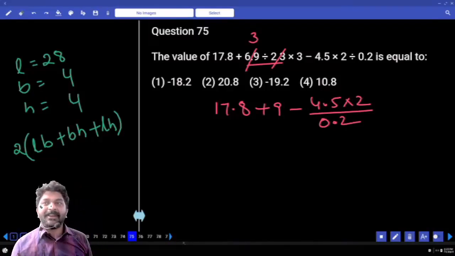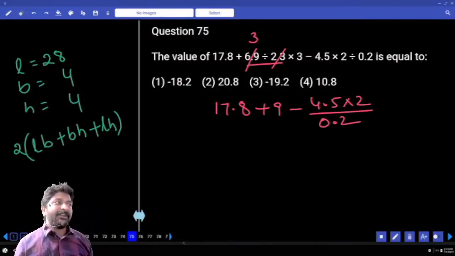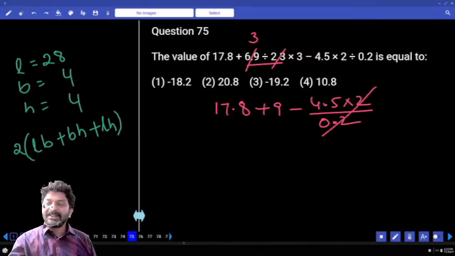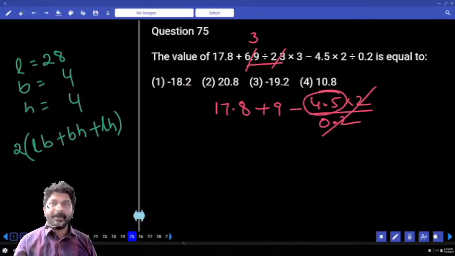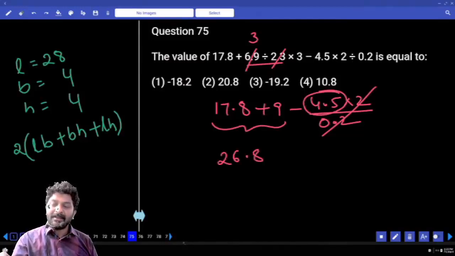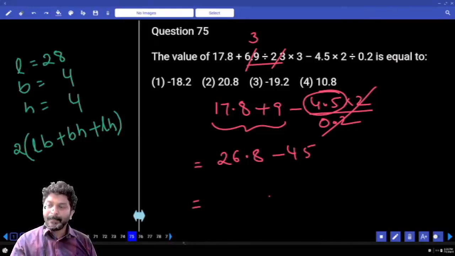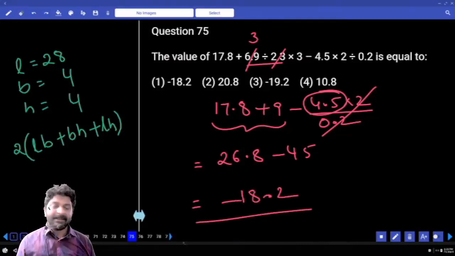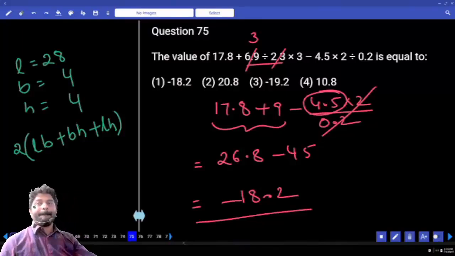There is only one digit after the decimal, so you can treat it as 45 by 2. 2 gets cancelled. In the numerator, how much is left? 45, not 4.5, correct? What is the sum of these two? 26.8 minus 45. The difference is 18.2, and it is negative.